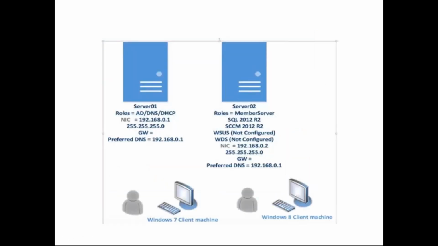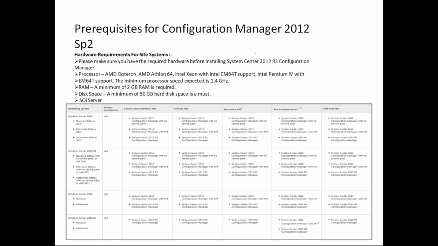Now, when we talked about the lab setup, we discussed the hardware and software configuration. We need at least a 1.4 gigahertz processor speed. You can take either an AMD or an Intel processor.